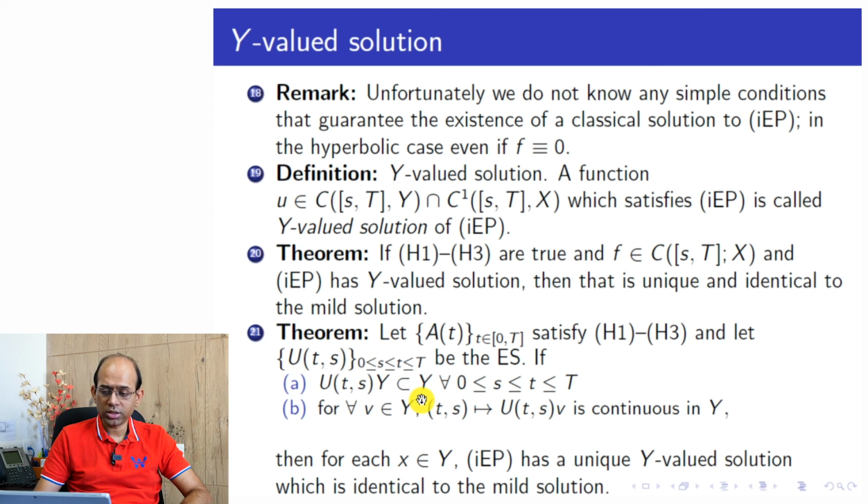If these two conditions are true for this evolution system U, and another additional condition on f, that f is a continuous function, then with these three conditions, for each x in capital Y, the IEP, the inhomogeneous evolution problem, has a unique Y-valued solution. So that is a sufficient condition for the existence of a unique Y-valued solution, which is identical to the mild solution.